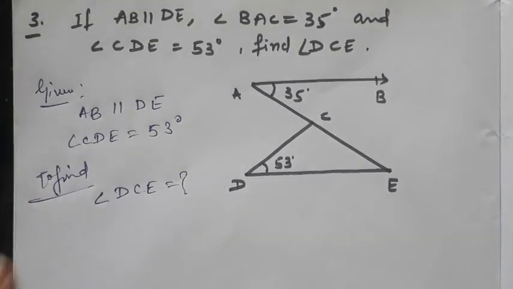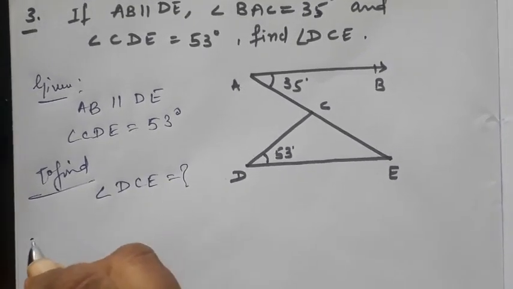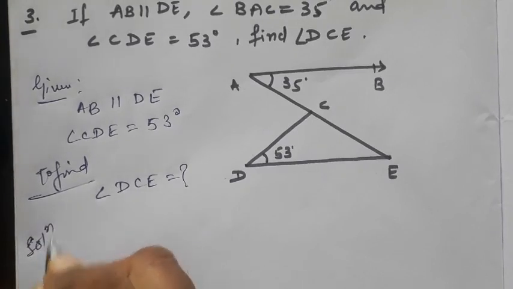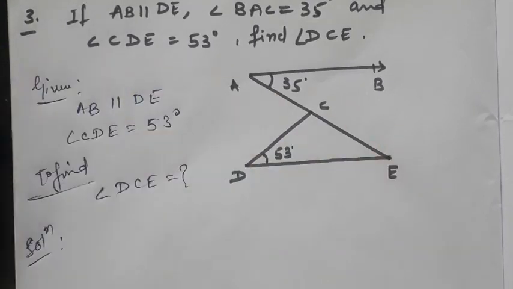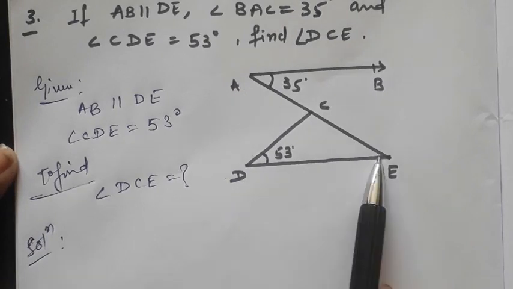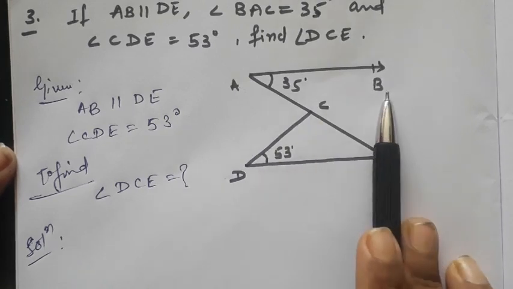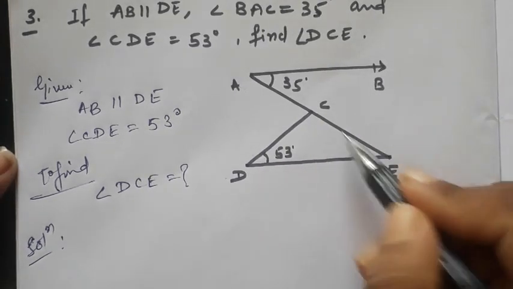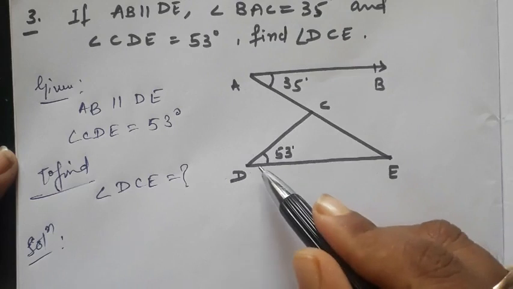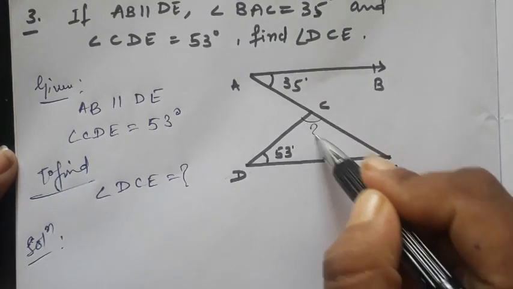Okay, let's go to the solution part. As AB and DE are parallel, but we need to find DCE, we need to find this angle.